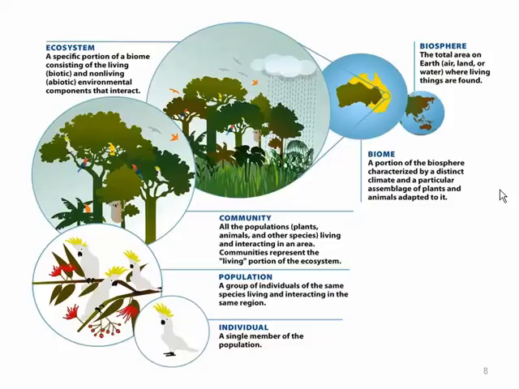Within the biome, you'll have characteristic ecosystems. The ecosystems will be comprised of communities. The communities, again, are all of the populations of plants and animals and so on. And then within the population, you can have individual members of that particular species. So there's a continuum here from the global scale down to the individual that describes where we or any organism fits into the scheme of things.